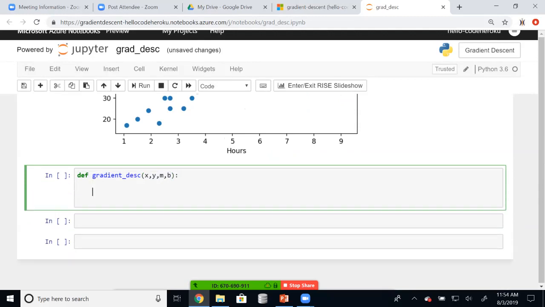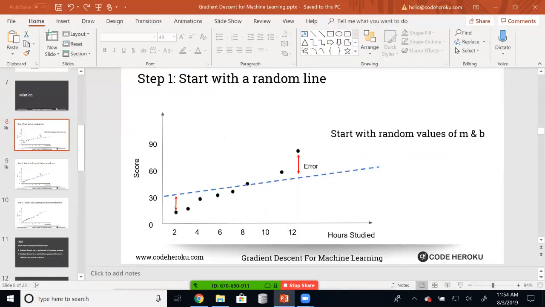Next, I want to calculate what's the first step. Let's look at the first step over here. Step one is to start with random values of m and b. We took that as a parameter input to our function. Now I want to calculate the error for all these points. The first thing that I'll do is make a prediction.